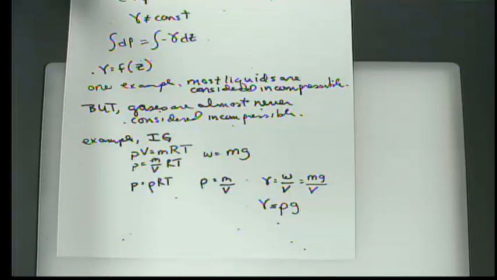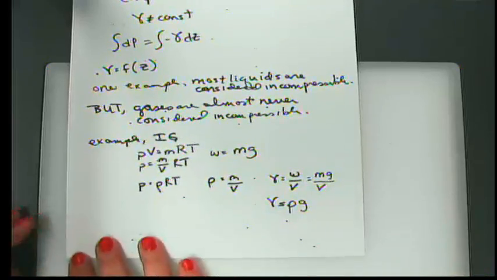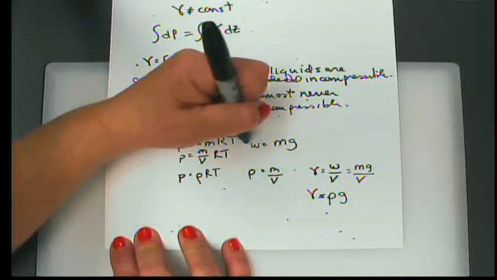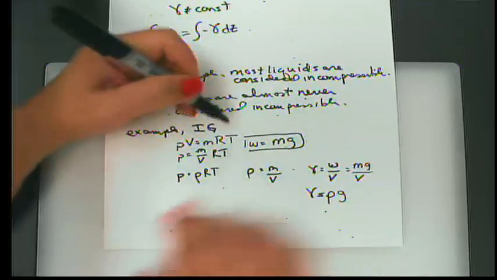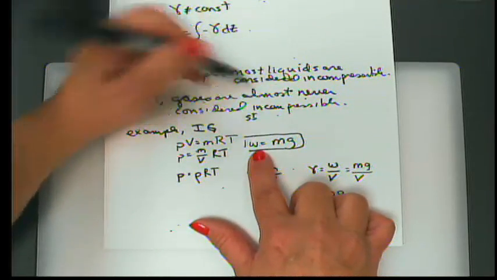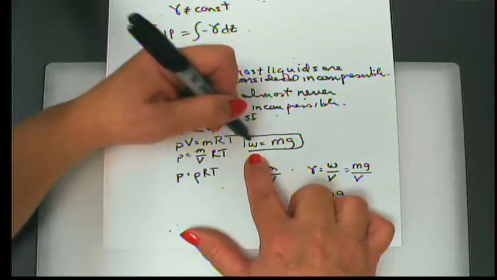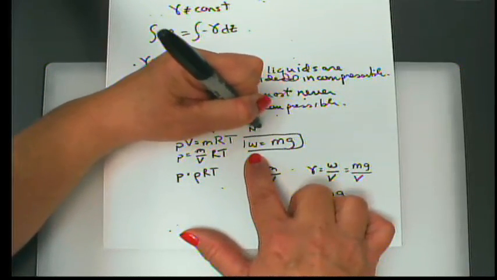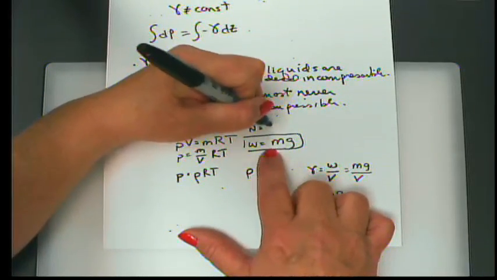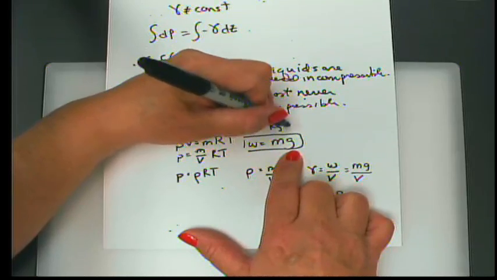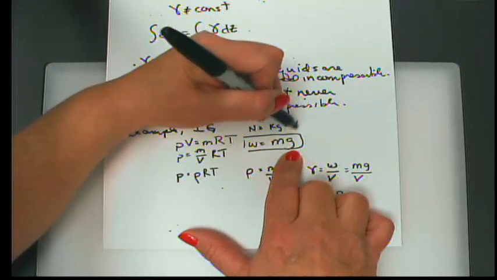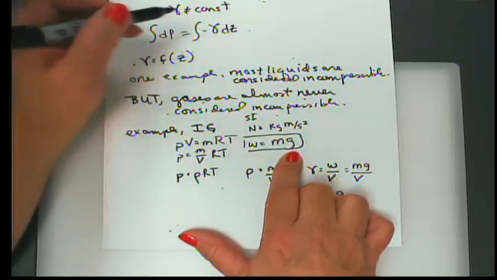Okay. Now, one student had emailed me a question, and I want to show you how the units work with this. So I'm just going to do a side. Let's work in the SI system. It turns out to be the same thing in the British gravitational system. But basically, we know that if we take a mass of a kilogram and multiply it by a gravitational acceleration in meters per second squared, we'll get newtons.